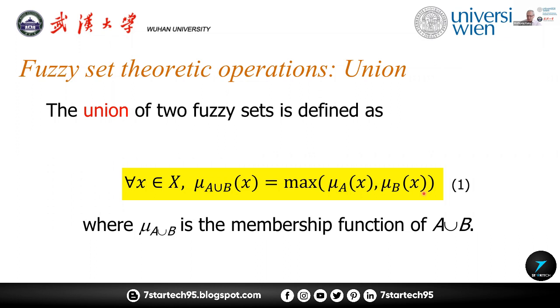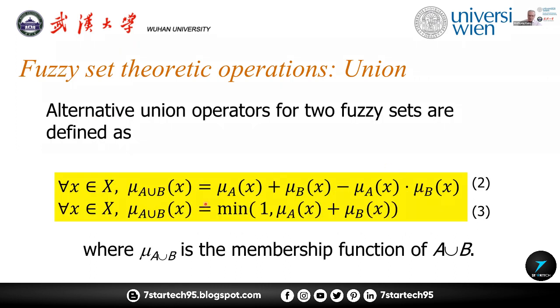So this maximum operator is the simplest way of computing the union of two fuzzy sets. But as I said, there are other options, and I show you here two more that can be used to compute the union of two fuzzy sets.